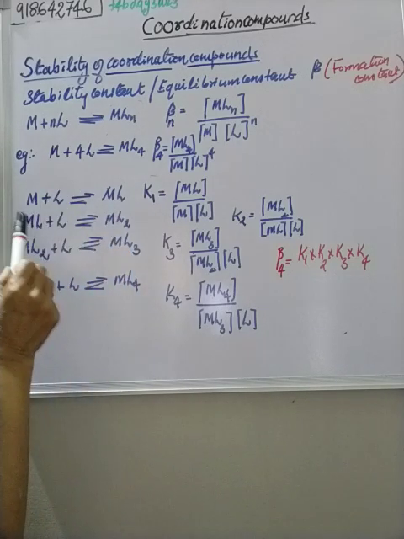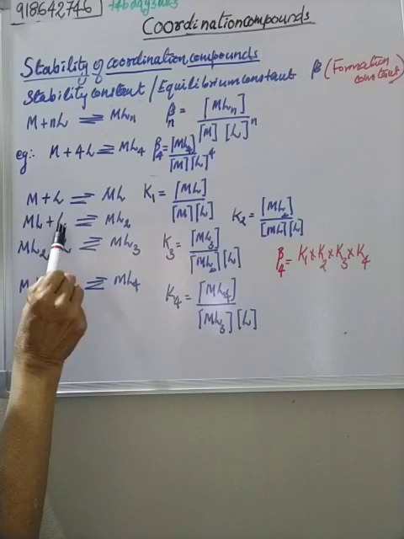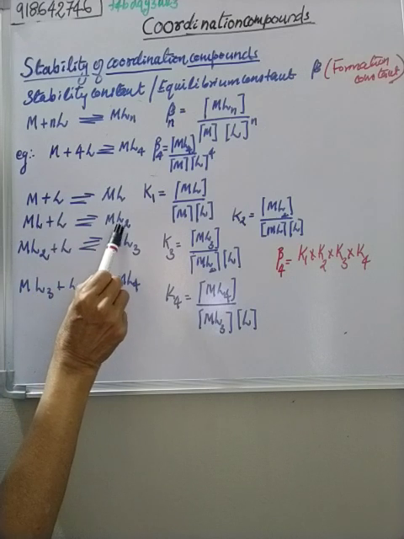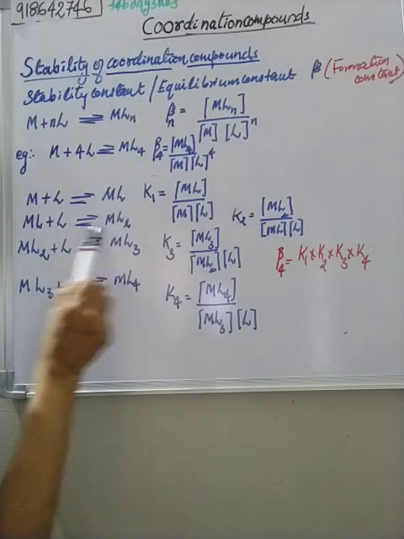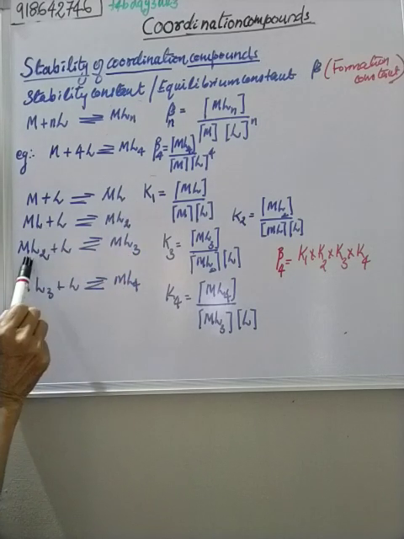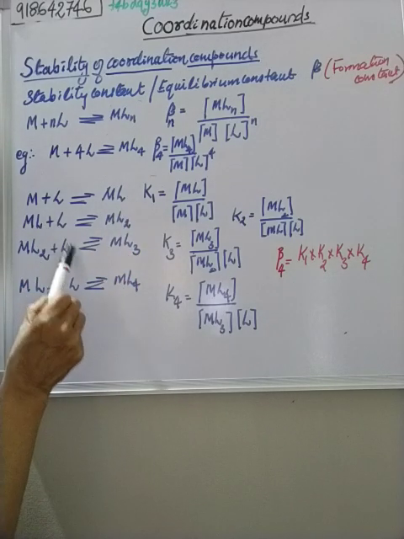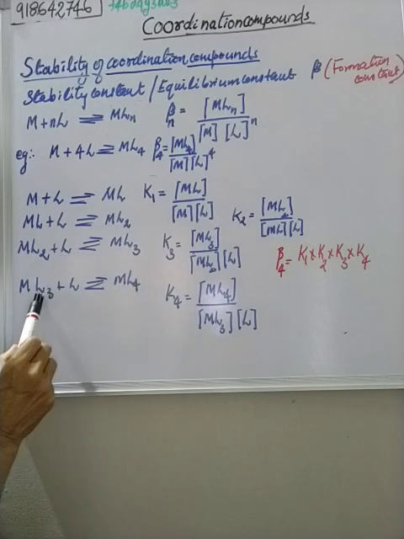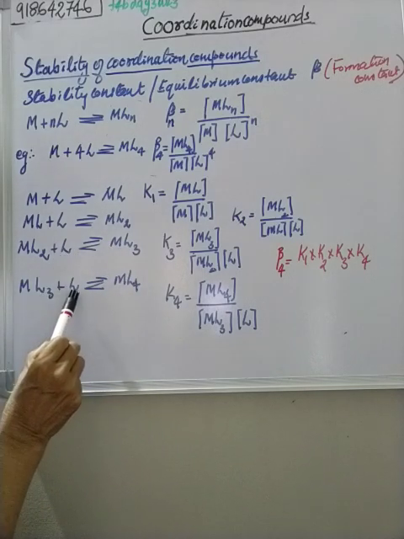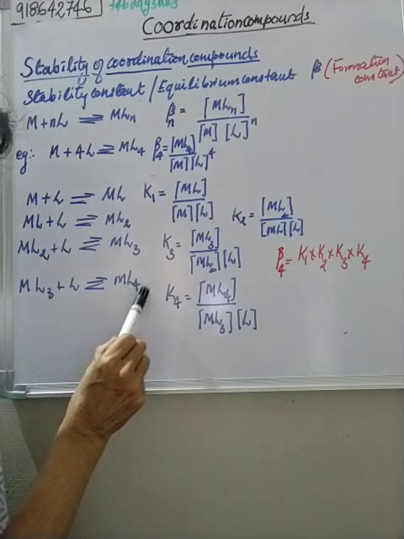And then ML is combining with L to form ML2. That ML2 is combining with one more ligand to form ML3. And finally ML3 plus L gives ML4.